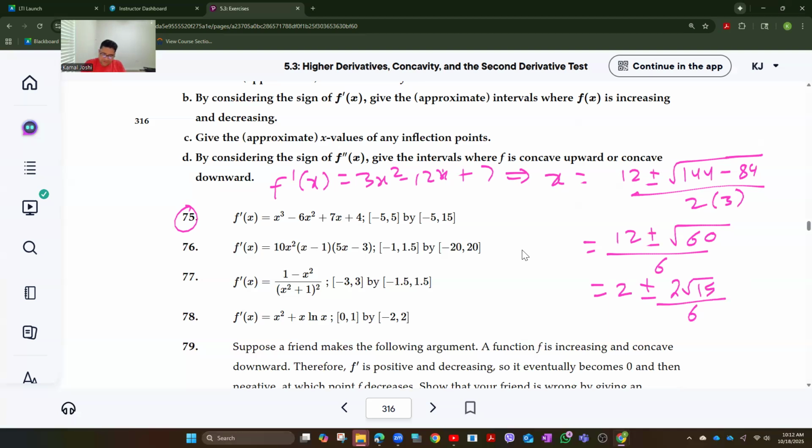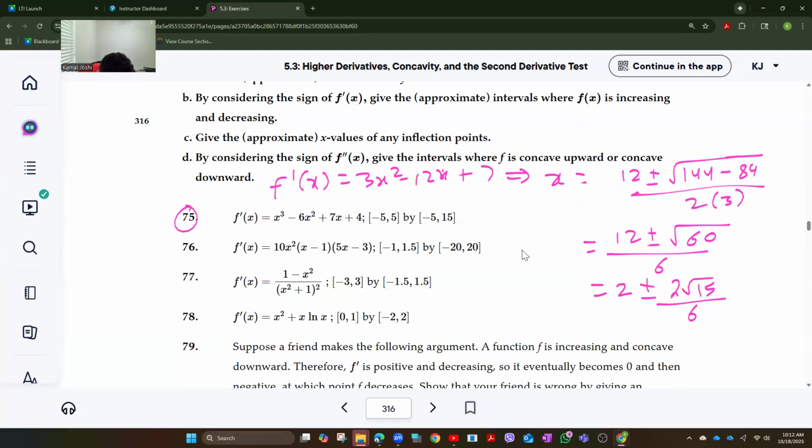Okay, so that will be under root 15 divided by 3. Under root 15 is close to 4. 4 divided by 3 is 1 point something. So it's not basically going to be more than 5 or less than minus 5. But we have to see the output also.